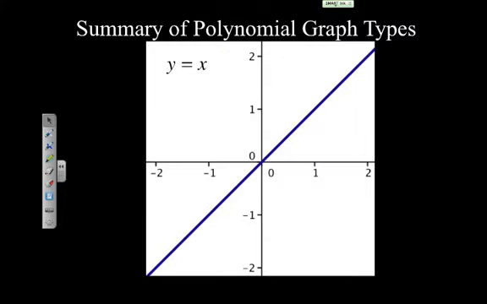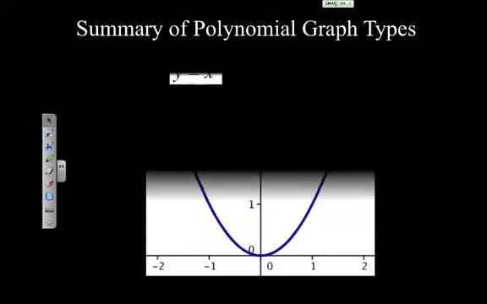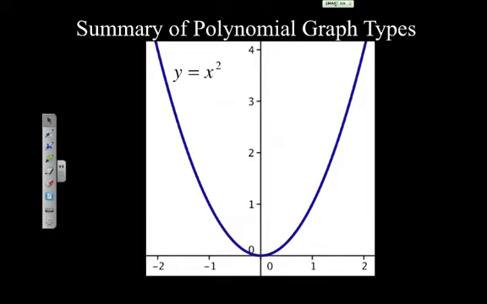Now as we look at a summary of the different graph types, we're going to see some patterns. The first one is linear, y equals x, where x is raised to the first power. We've seen those before, that's just a line. Y equals x raised to the second power, we've seen this before, this is a parabola.